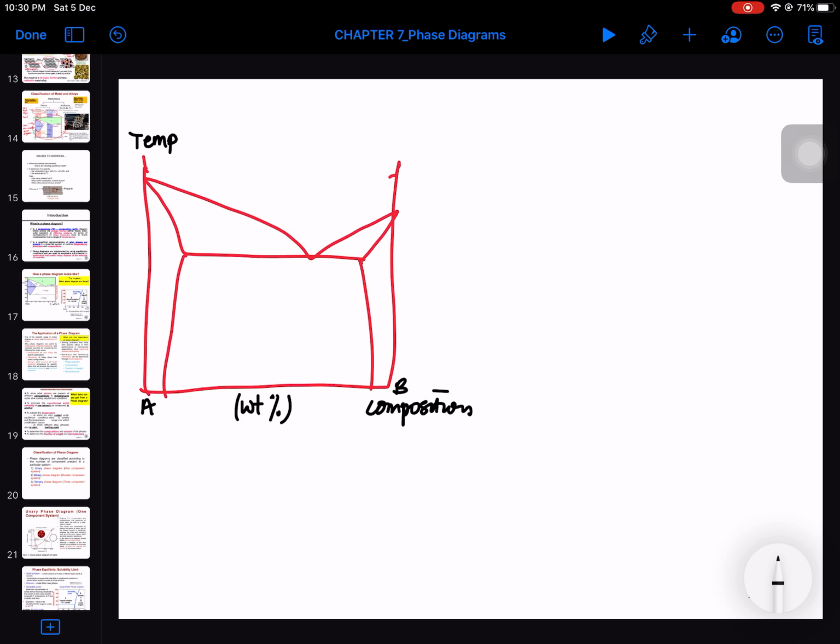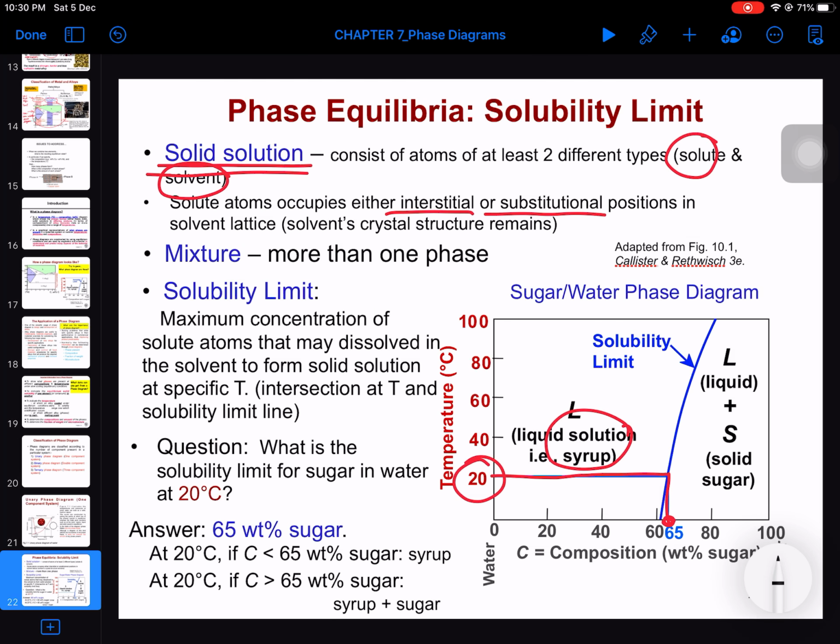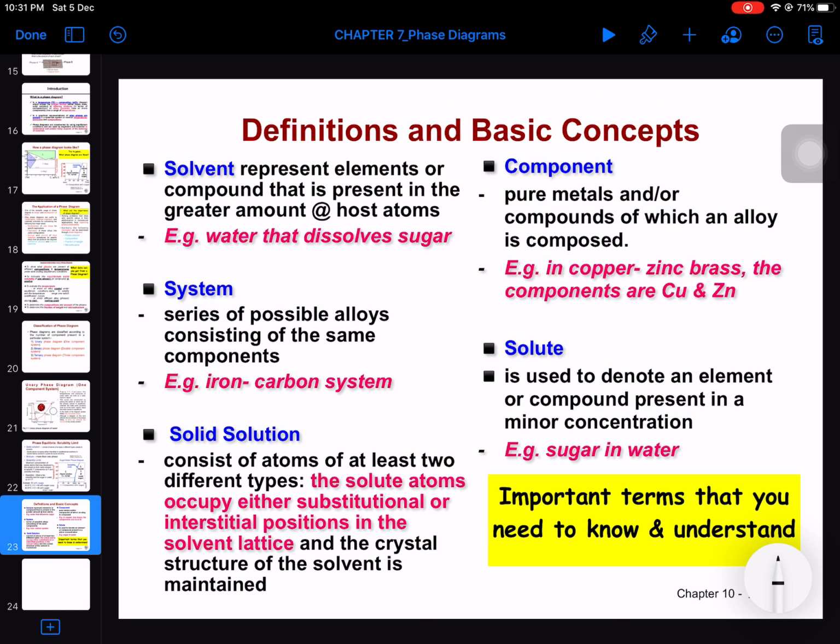Now, the binary phase diagram, we have the first, which is the solvent. Solvent represents the element or compound that is present in the greater amount, or the host atoms.